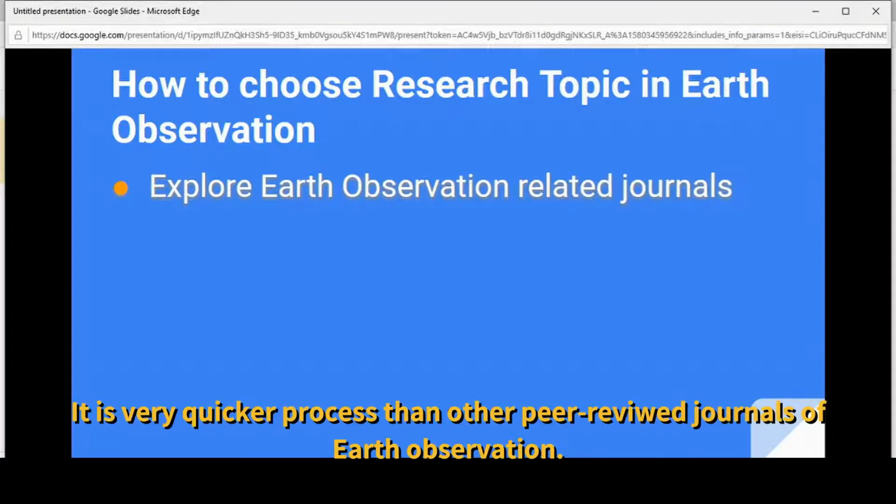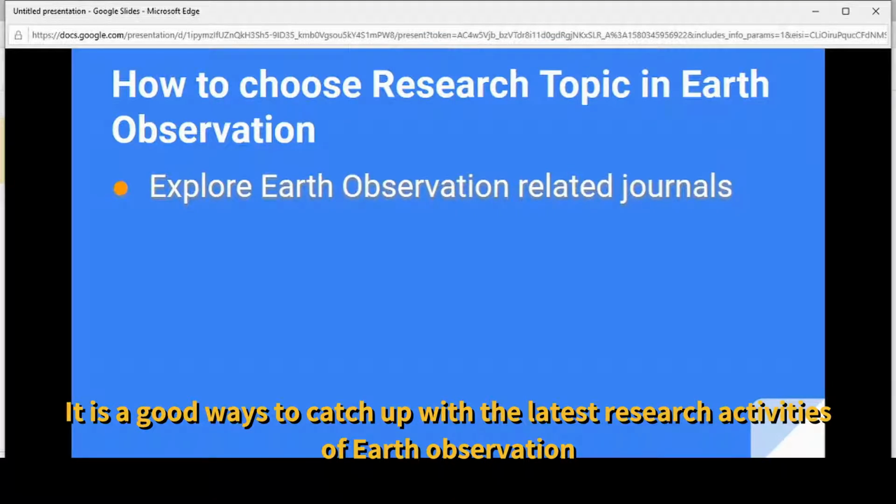It's a very quick process. So it is a good way to catch up on the latest research activity related to Earth observation and remote sensing.